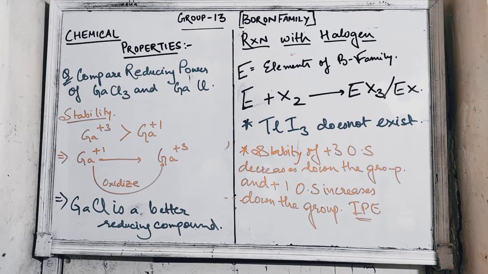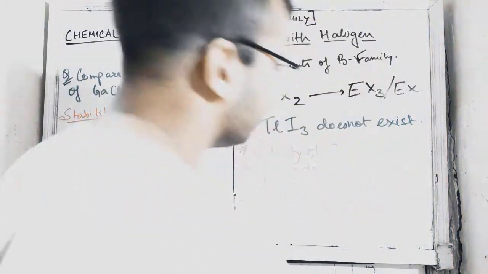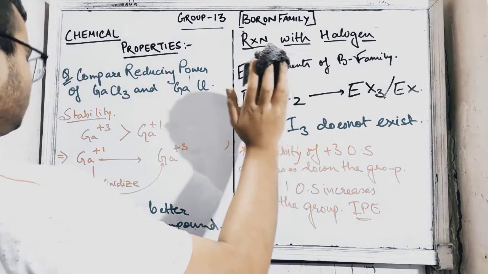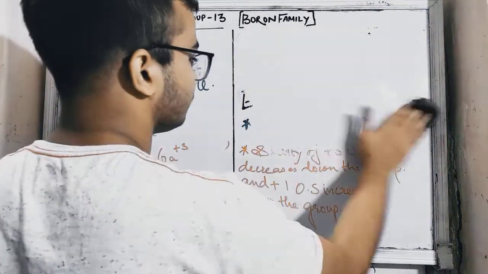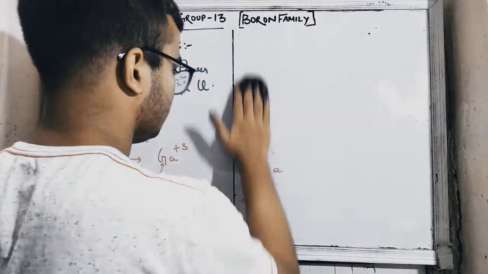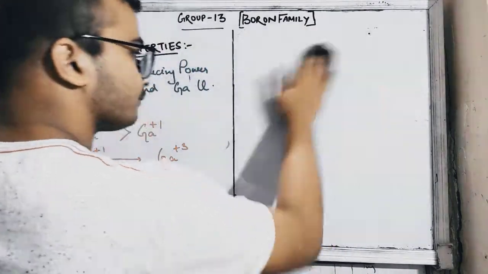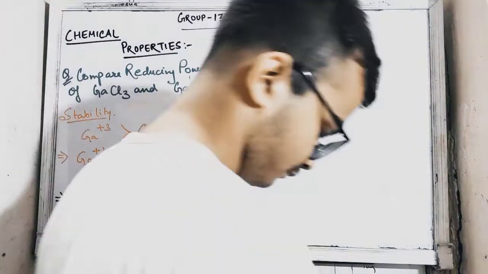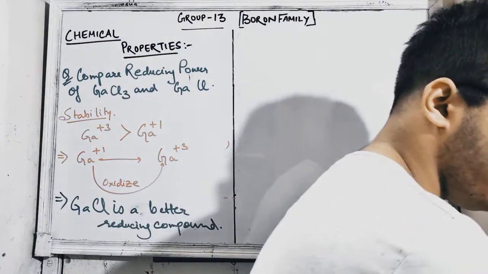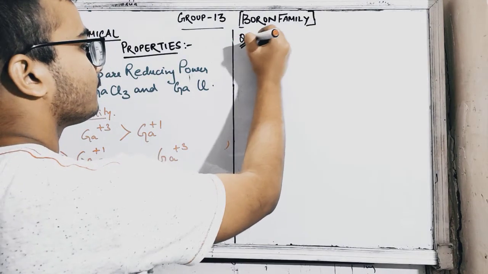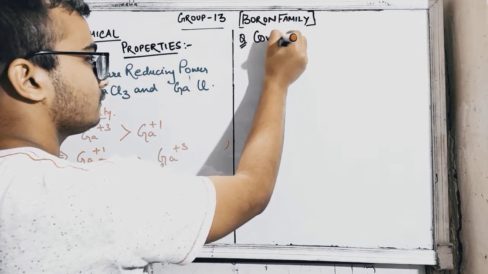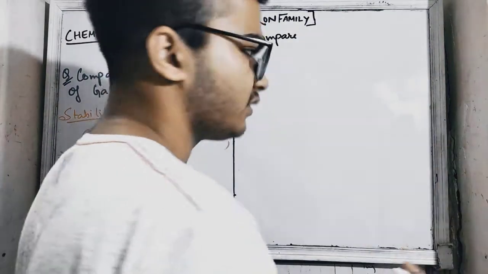Let's take another example of this type. Let us rub out this portion. Let's write over here the same question: compare. Now let's compare the oxidizing power.